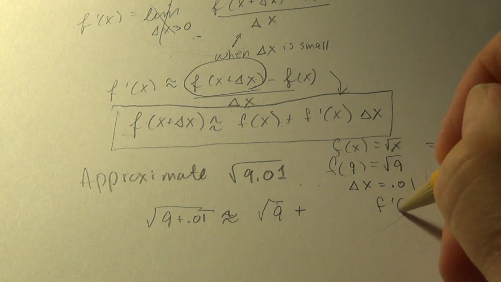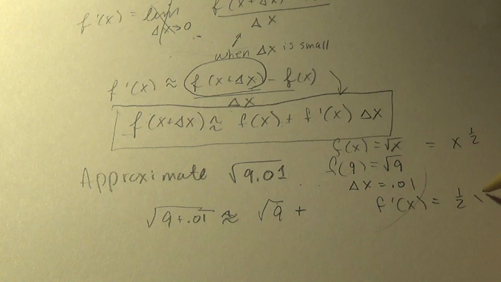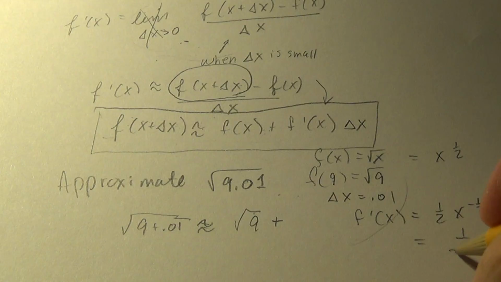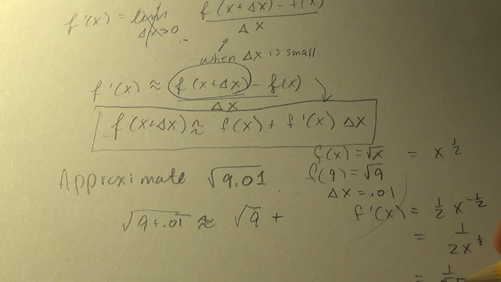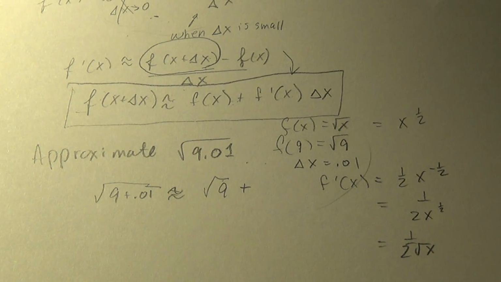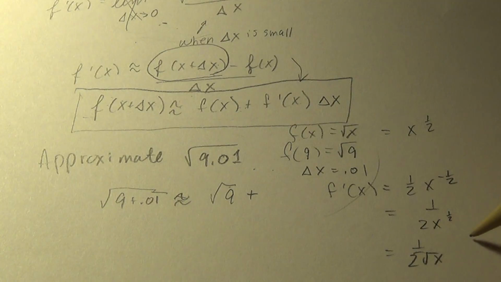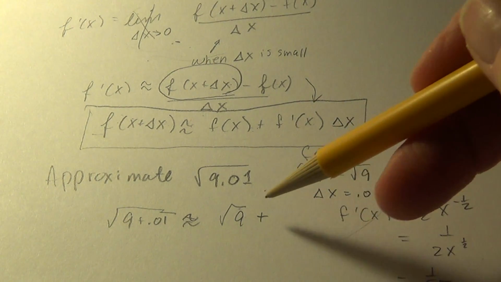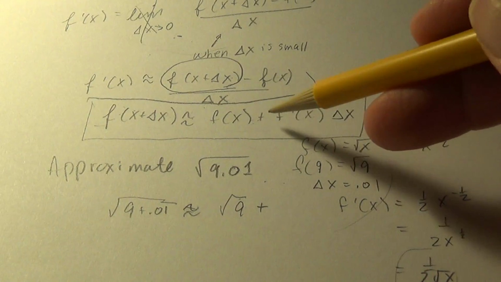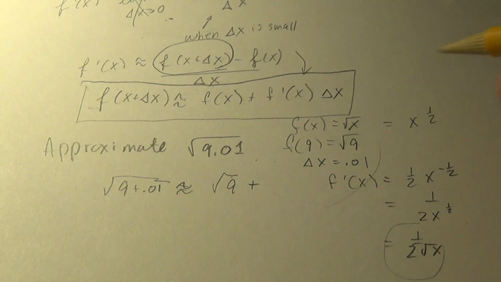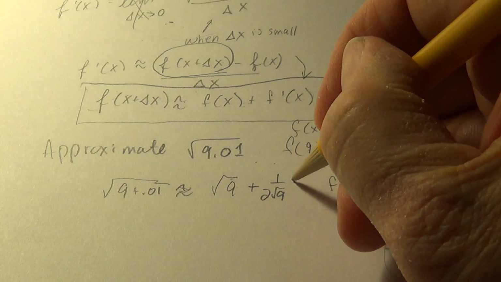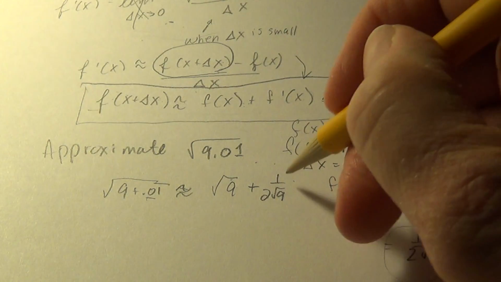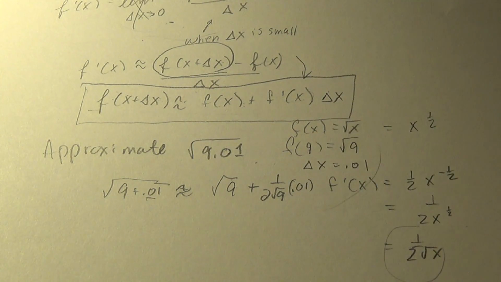So f prime of x equals 1/2 x to the minus 1/2, which we write as 1 over 2 square root of x. We've done that one numerous times. So our x value is 9. So I'm going to write this next plus the derivative, which is 1 over 2 square root of 9, times change in x, and the change in x is this value right there, 0.01.